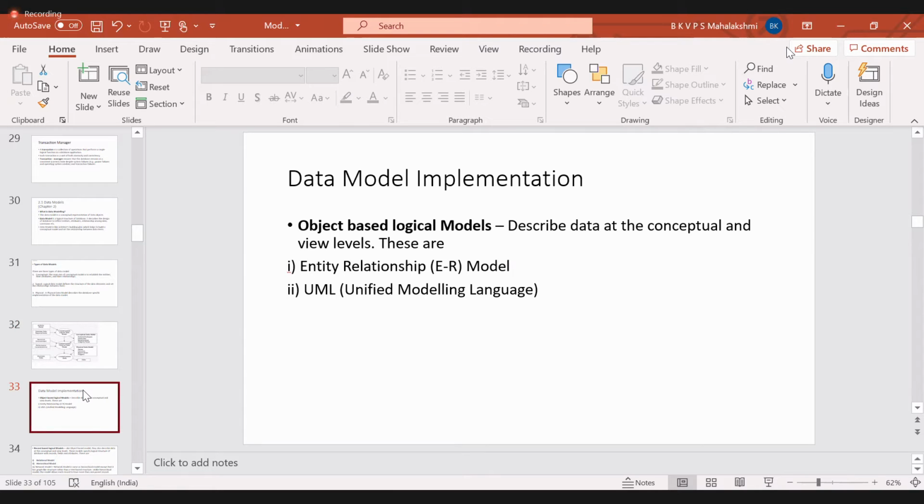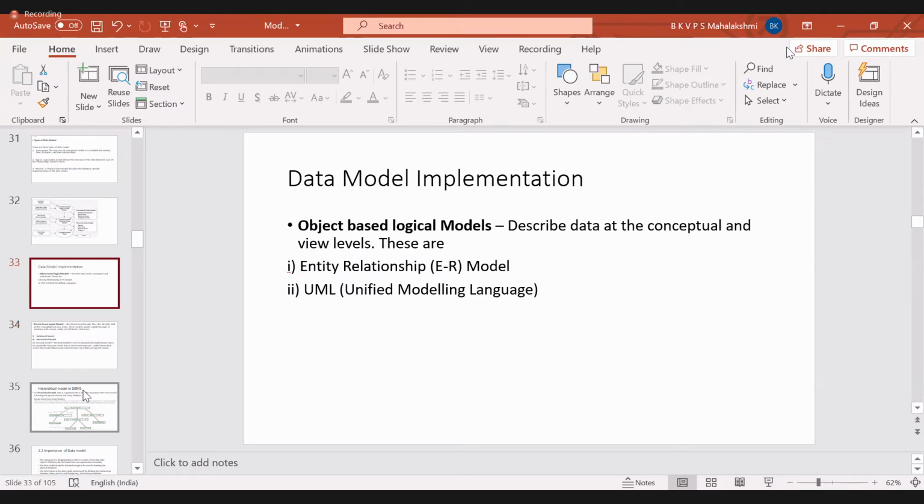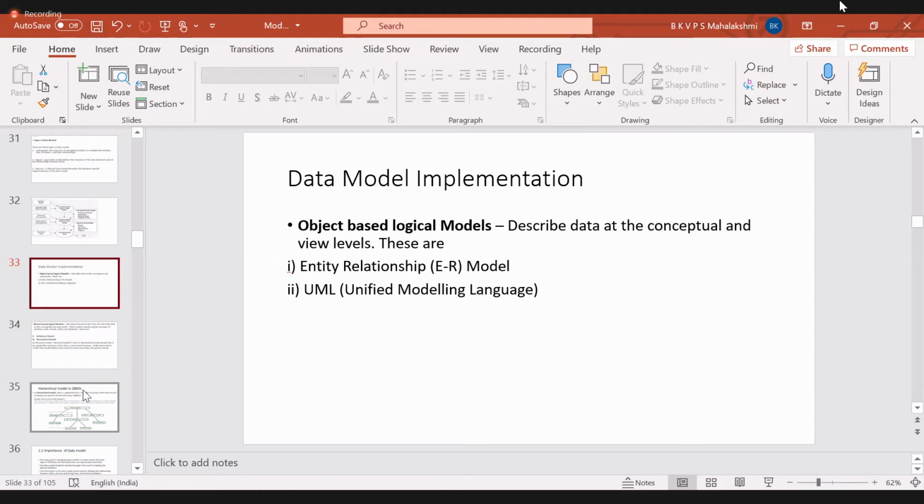The first one is the object-based logical model, and the second one is the record-based logical model. In the object-based logical model, again we have two models. We can say these are the two example models also: the entity relationship model and the UML.